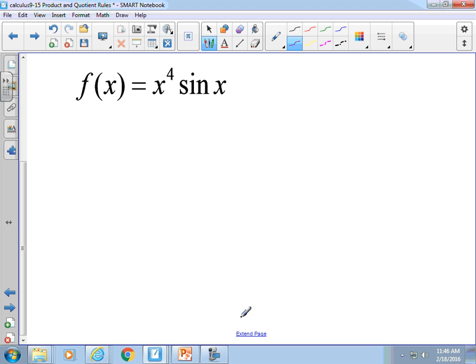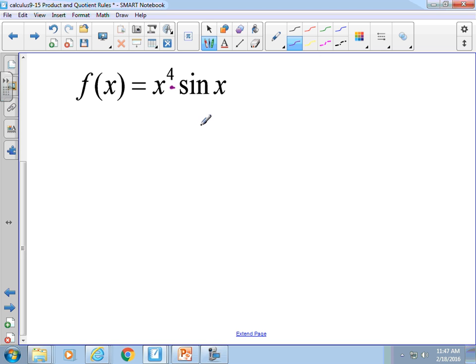On the next one, can I avoid the product rule? No, because there is no way to make this just into a power rule. It's x to the 4th times sine of x. And if you're wondering whether you need a product rule or not, read this with the symbol in between. If you have to say times, then yes, you need a product rule.